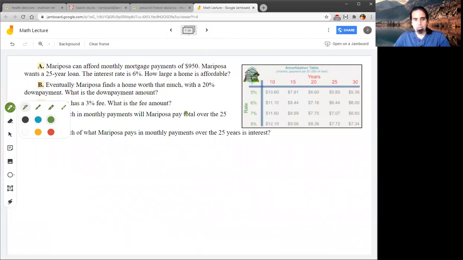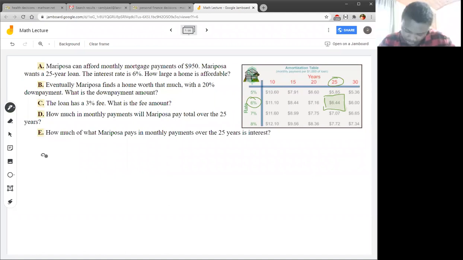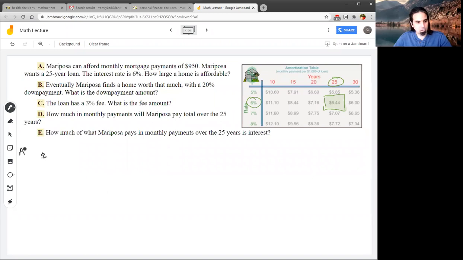So for her, 6%, 25. So this is the number we're using from the table. $6.44. And what do I do with it? Divide. So I take her 950, so problem A, divide by that 6.44.